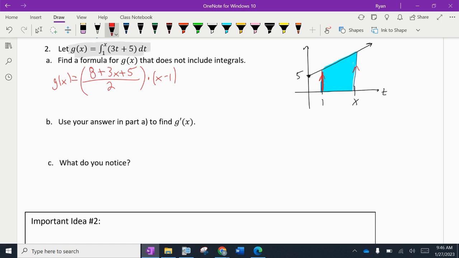Write a formula for g of x that does not include integrals. There it is. Now, I'm going to simplify it a little bit because I can. Adding together, that's 3x plus 13 times x minus 1 all over 2. And then to multiply it out, it looks like 3x squared plus 10x minus 13 all over 2.